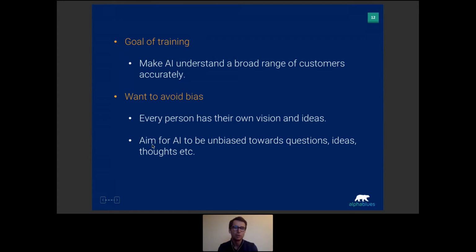So you need to make sure that the AI understands those differences and is able to provide people with answers. Because if I answer things one way, it doesn't necessarily mean that everybody else thinks and wants to have the answers the same way, or means the same thing when they ask questions, right? So you want to have AI to be unbiased towards questions, ideas, thoughts, whatever that may be. And this is something that's important in the AI training.